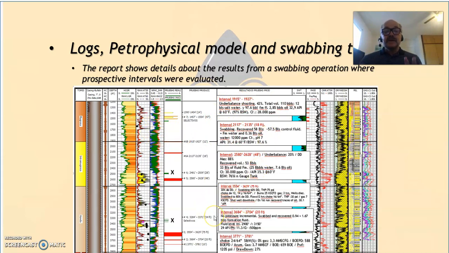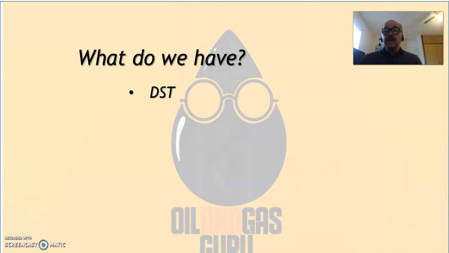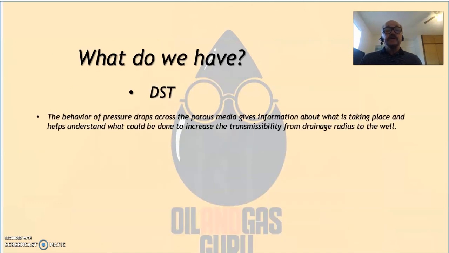So we get a picture of everything that is involved, so that we can have an idea which are the best sands, which one of them produced gas, which one of them has a considerable water cut, and so we know what fluids we have and where are the best sands that can produce the highest rates.